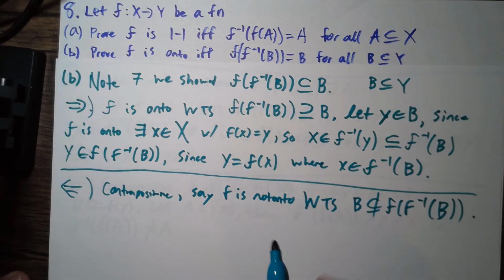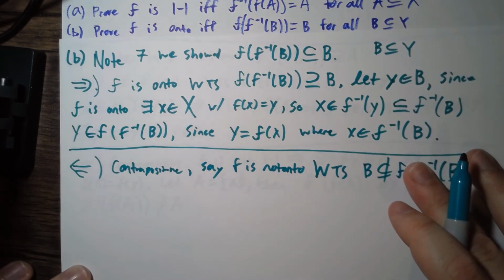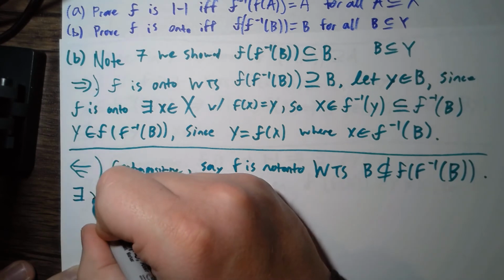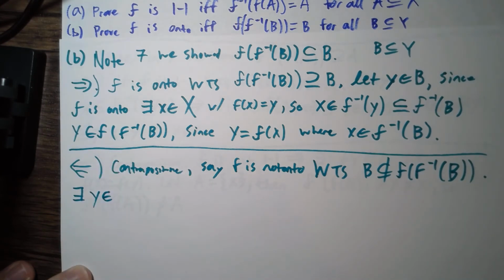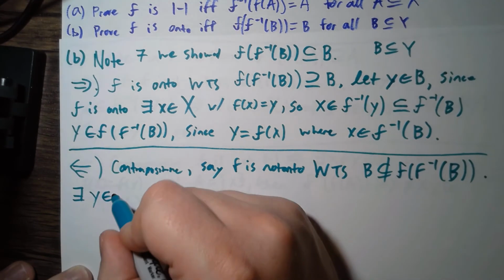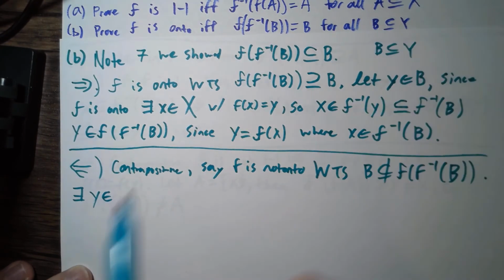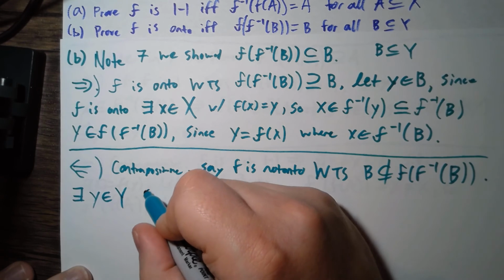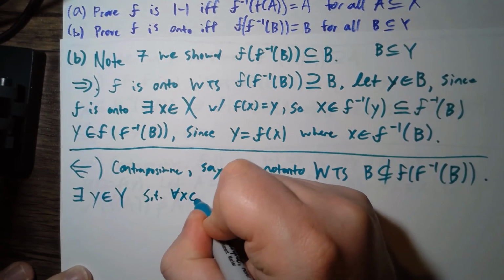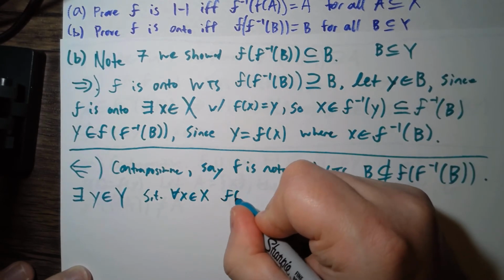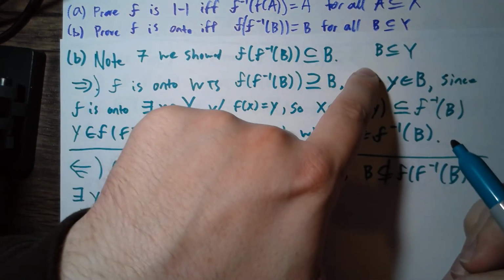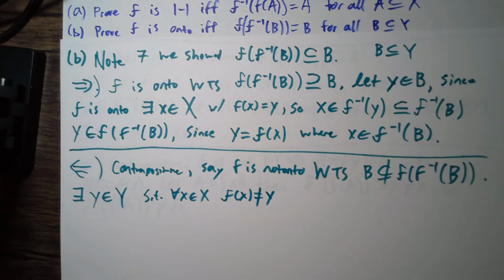So f is not onto means that there exists some element, say y in Y, in the codomain, such that for every x in X, f of x is not equal to y. So there's no element in our domain mapping to y.